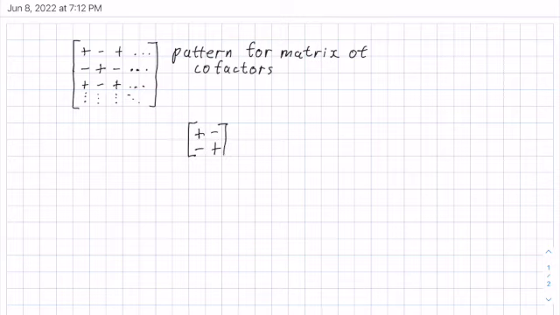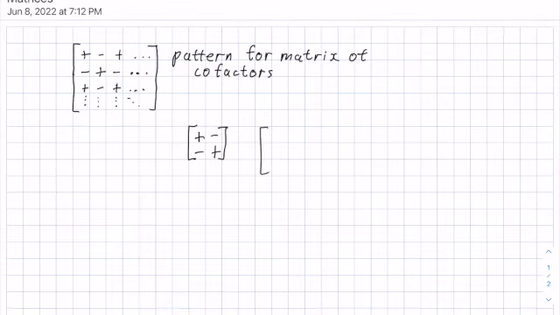That's all you need for 2 by 2. But 3 by 3 is plus, minus, plus, minus, plus, minus, plus, minus, plus. It's basically alternating. A good way to think of it is you're technically multiplying by positive 1 or negative 1, depending on if it's plus or minus. I'll tell you when to use this so that it'll make sense.